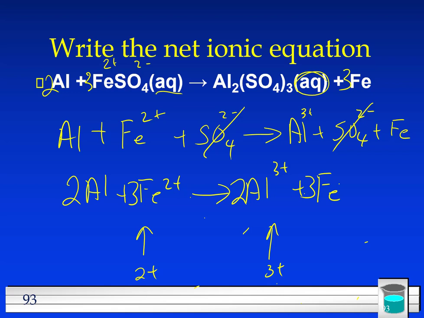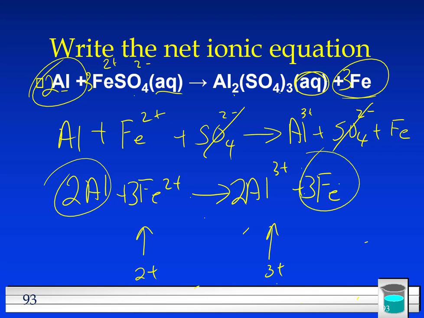I'd have to have 3 FeSO4s, 2 Als, and 3 Fes, because I needed 2 Als over here and 3 SO4s. So if you look, the coefficients for iron and aluminum are the same, and there would be 3 Fe2 pluses and 2 Al3 pluses. So they are the same numbers.